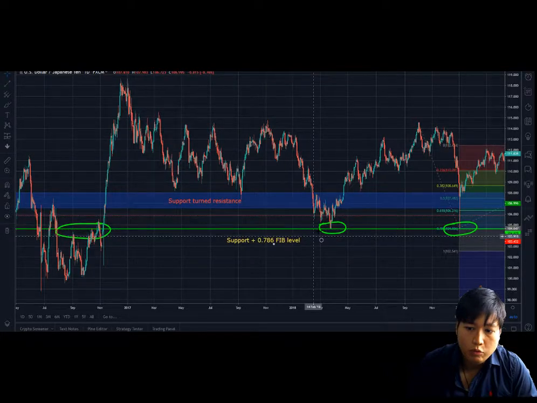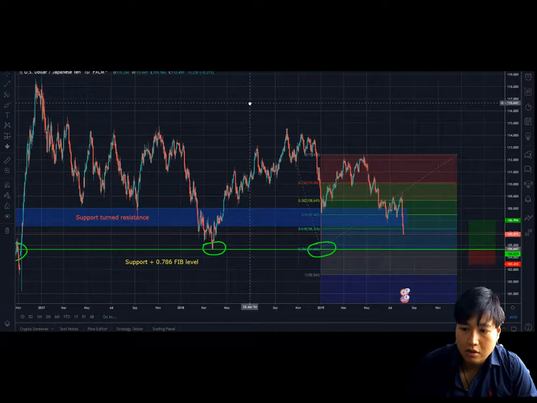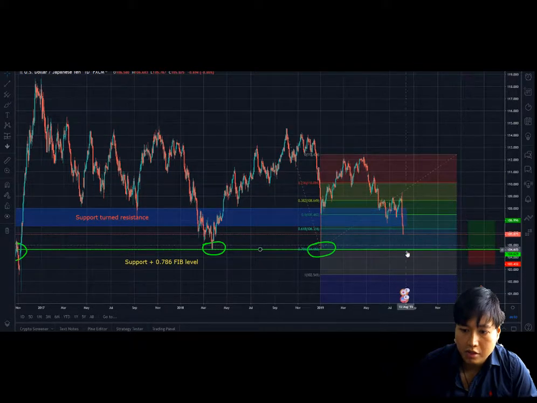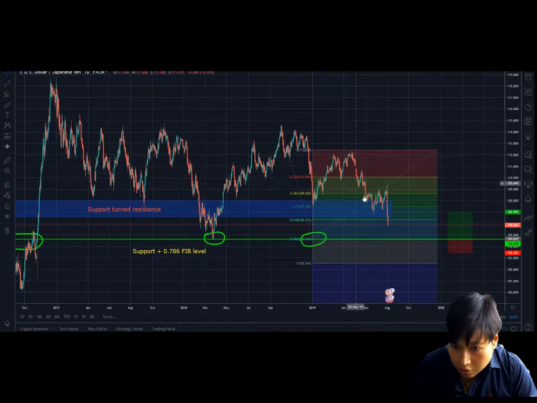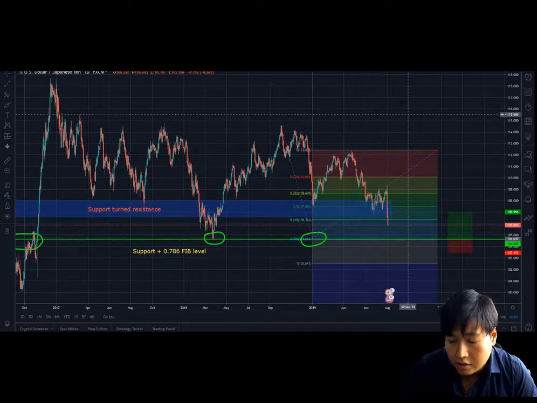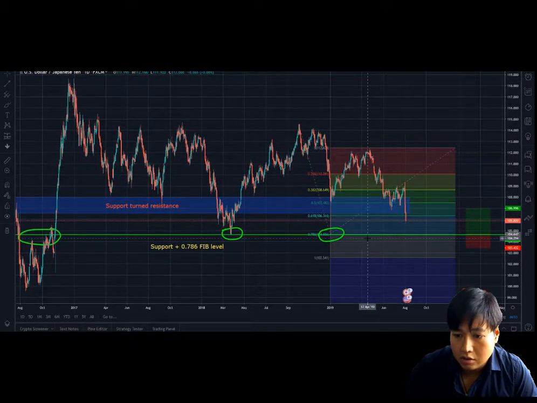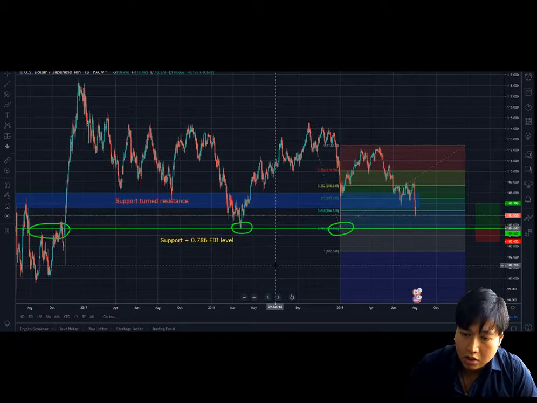So having said that, what I'm seeing is that the price could potentially reverse off here again, and coincidentally this is also the Fibonacci extension level, the 0.786 level. So you can see it's on the exact same support level as well. That makes it even stronger.